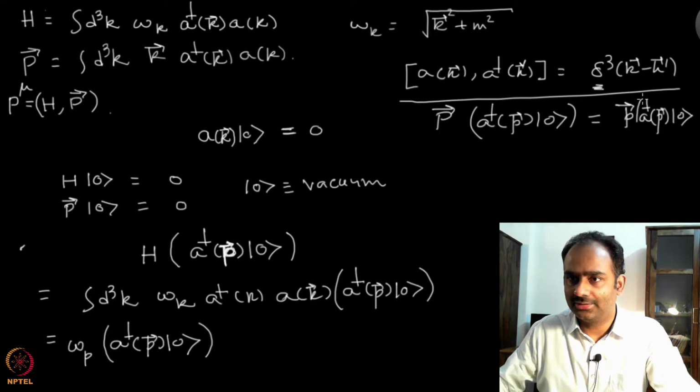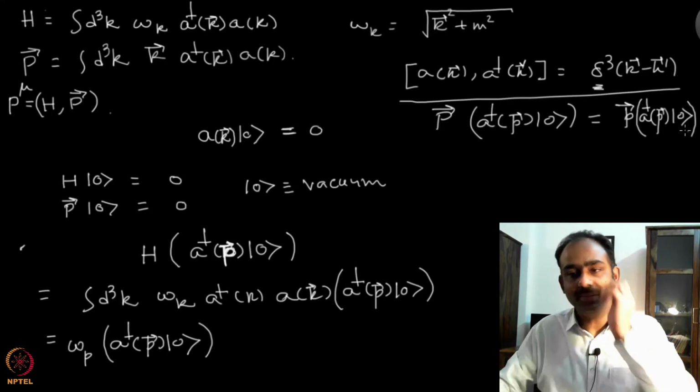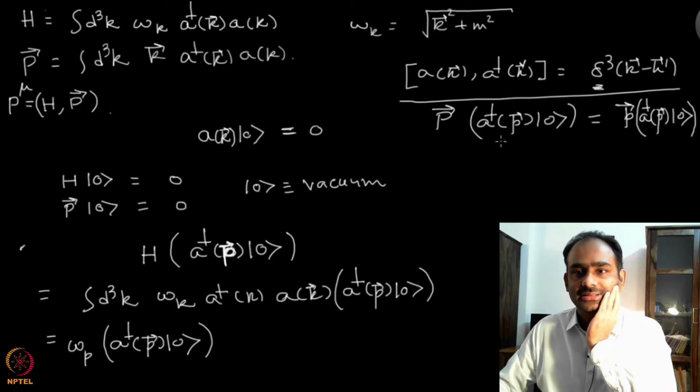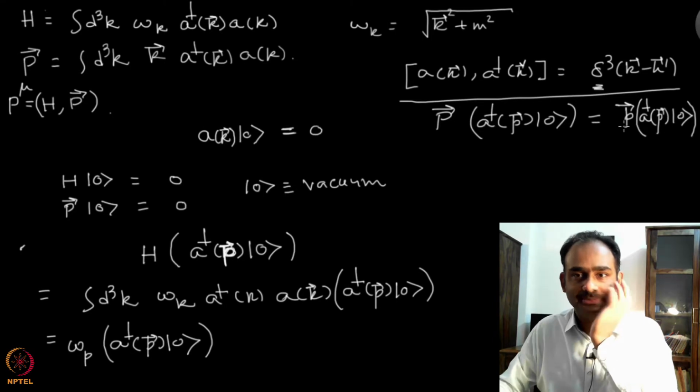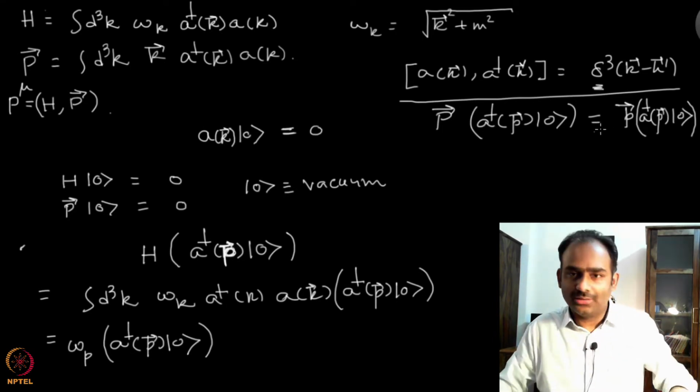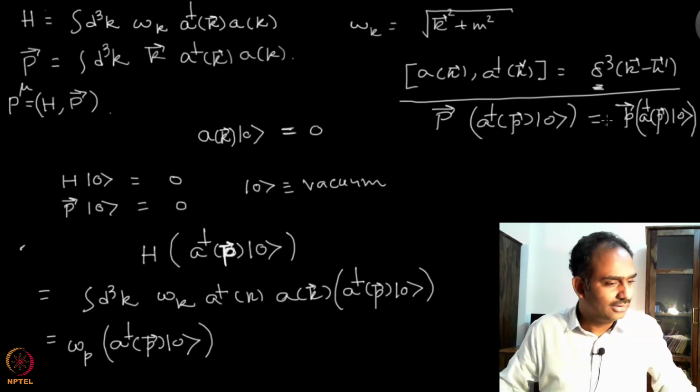So, that is what I am going to get. Okay, means that this state is an eigenstate of the momentum operator, and it has a momentum p. Okay, so that is nice.